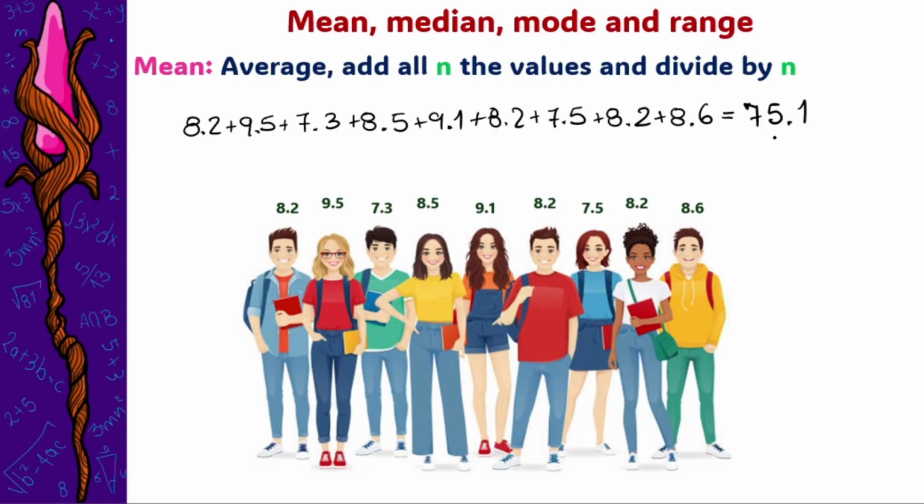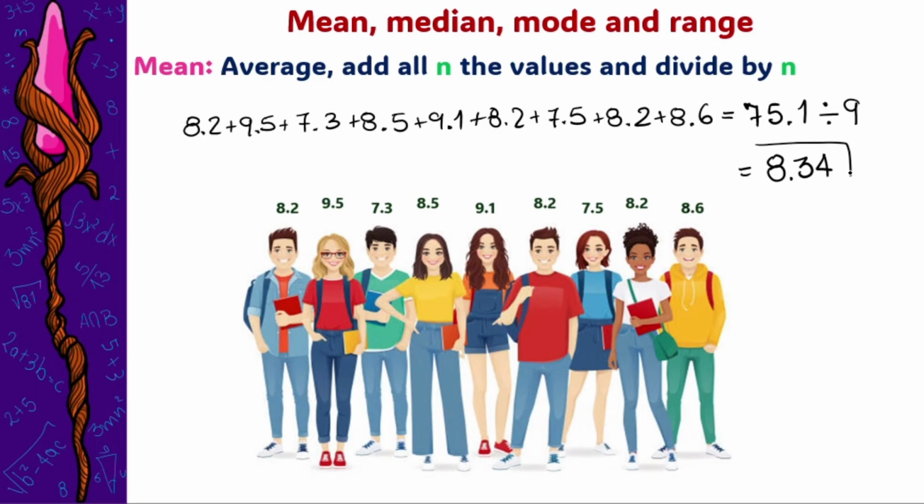And then we distribute it equally among all the students. So this would be 75.1 divided by 9. We would get 8.34. This 4 is going to repeat, so I'm just going to round it to 2 decimals. So it's like everybody got 8.34 if we distribute equally all the points available.